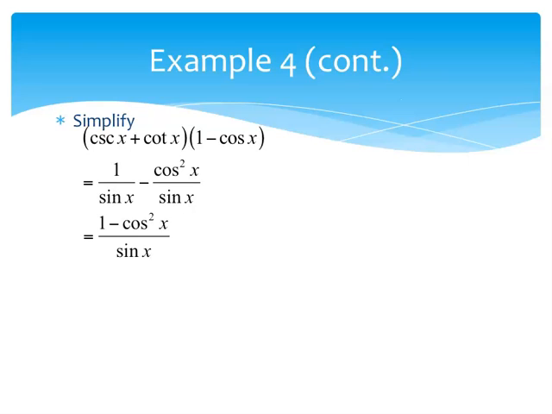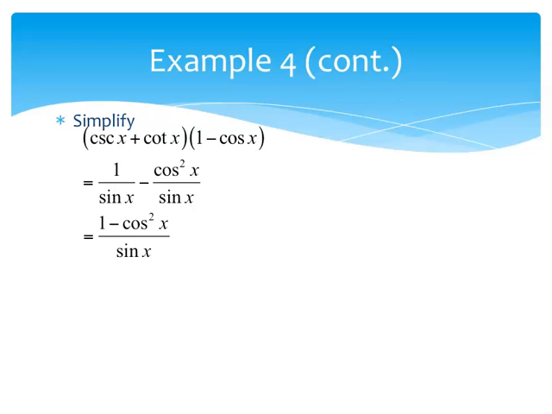Okay, another hint when it comes to these problems is if you see a 1 or if you see something being squared, you might want to see if a Pythagorean identity will be helpful. So in this case, the 1 minus cosine squared should ring bells that I have a Pythagorean identity that I can use here. The identity we'll use is that sine squared plus cosine squared is equal to 1.